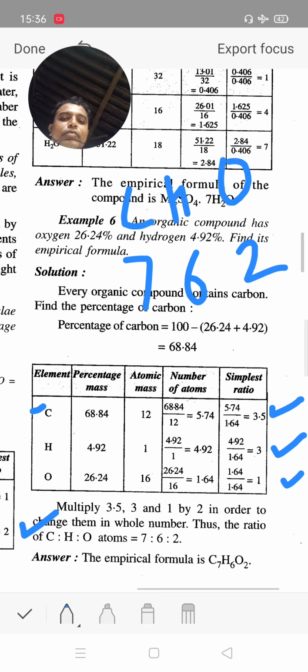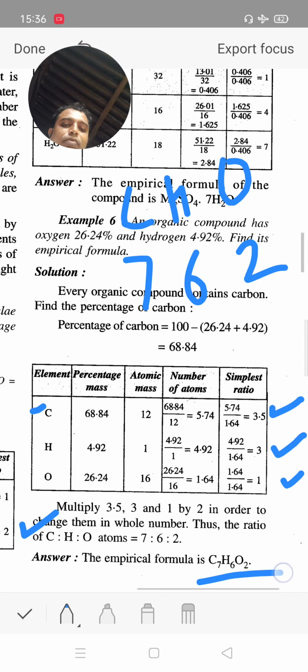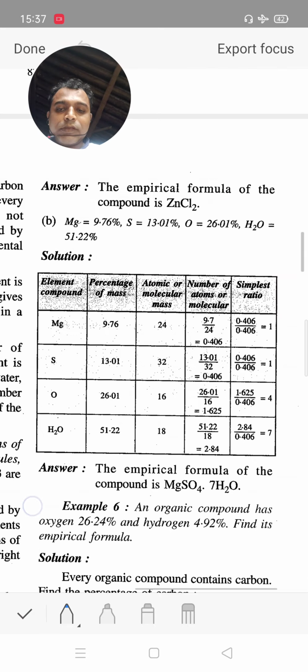It is the empirical formula of the compound, C7H6O2, because it is not in the form of a decimal point digit, it is always a whole number.